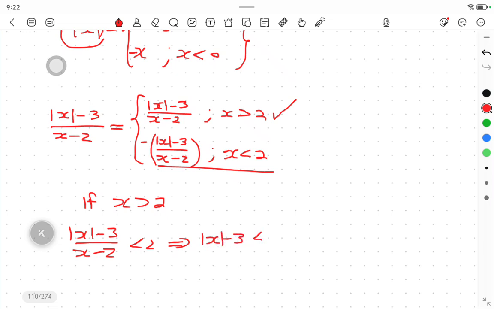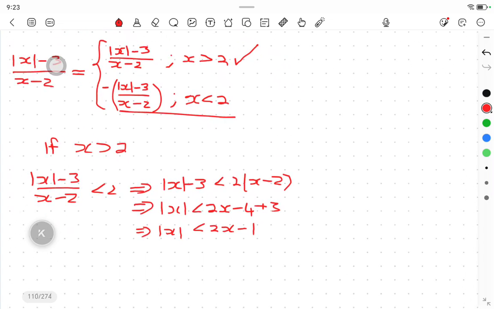So I'll divide both sides by x minus 2. Then I solve this like this, and this will be 2x minus 1. You see, right? Then we stop here for this one.